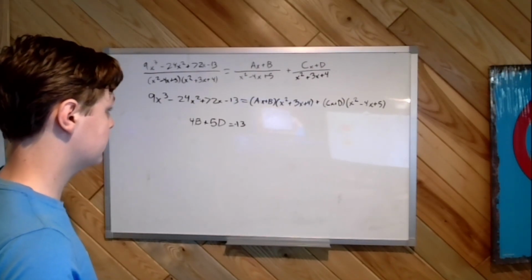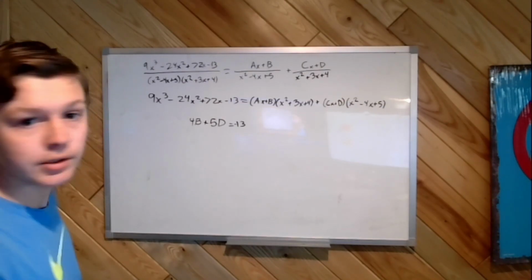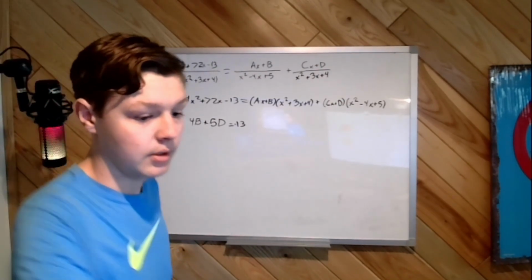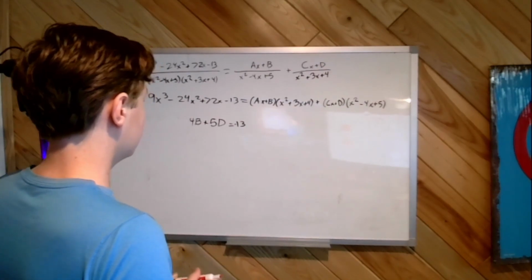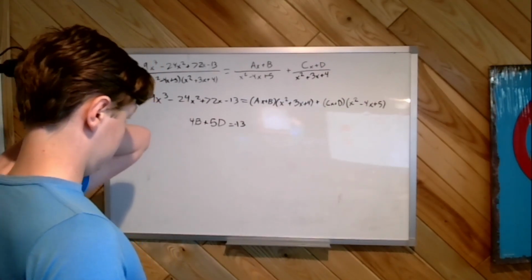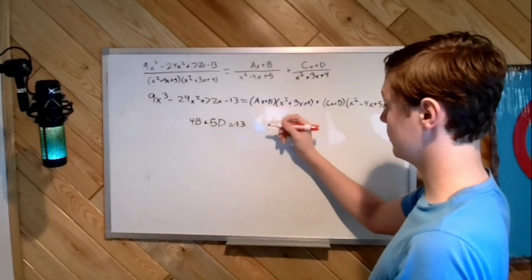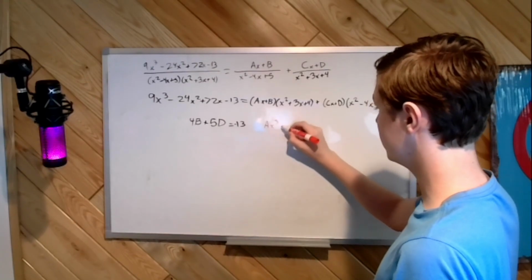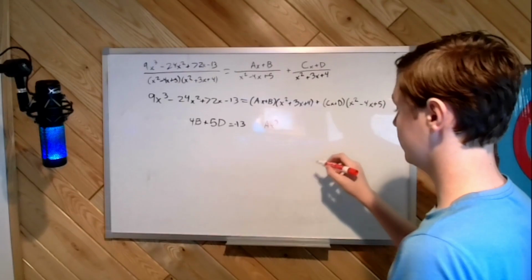Now I think we should probably expand the rest of these, so that's probably the best plan. So I'm going to bring out the red marker. So we know that this is going to become ax cubed. These are going to be on the cubic, quadratic, and so on.